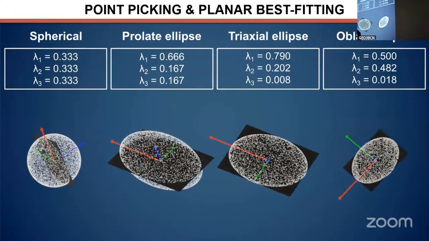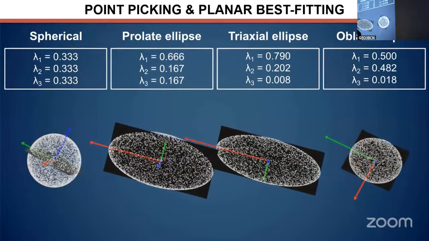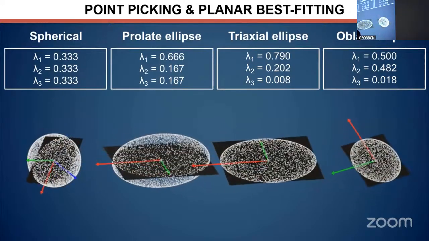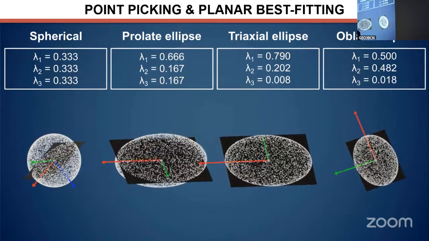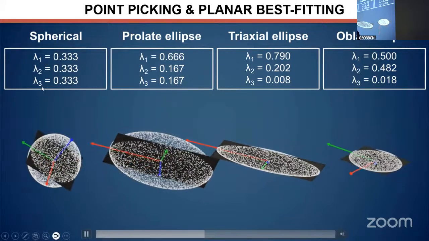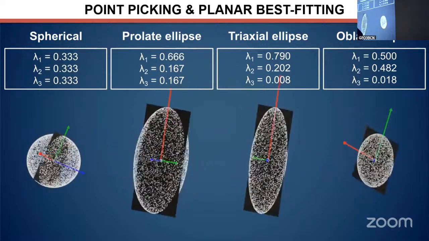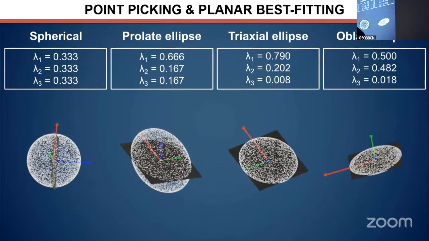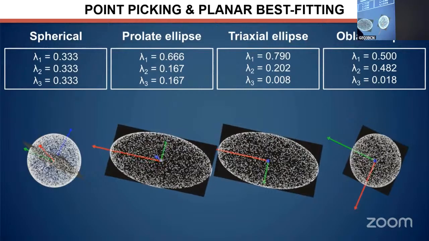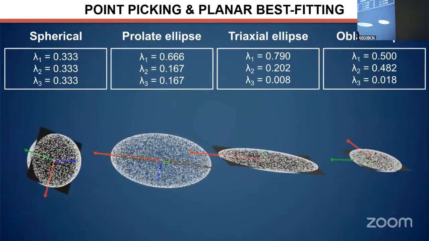Why are those two indexes so useful? Well, those are different shades of point cloud. This is a point cloud in which all the three eigenvalues are equal. When the three eigenvalues are equal, we have a spherical distribution, and the approximation of a spherical distribution by using a planar fit is just nonsense.